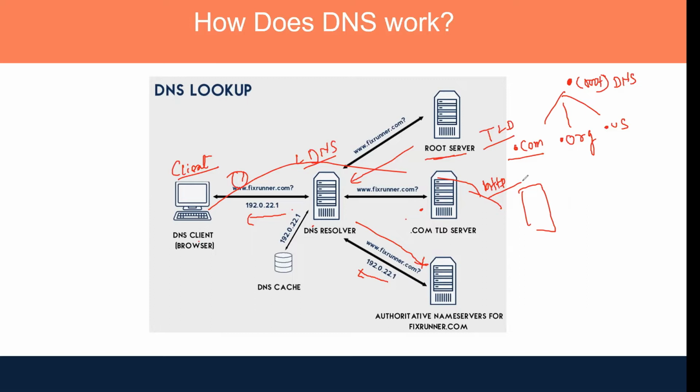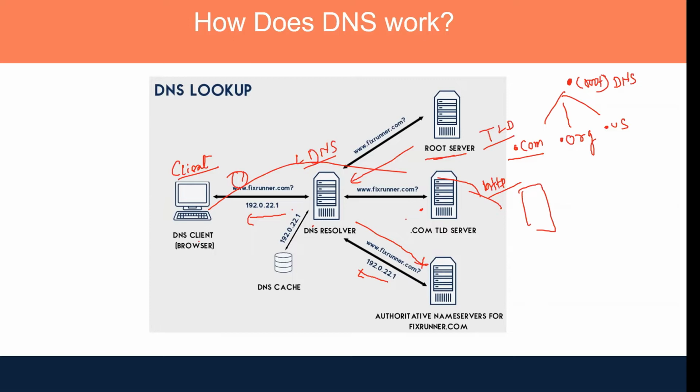Which part is our ISP DNS coming up? Is this authoritative or root server? Basically, we are connecting to the ISP. Let's say your DNS resolver is further sending your query to the ISP, because you have configured the ISP's DNS IP in your local DNS server.